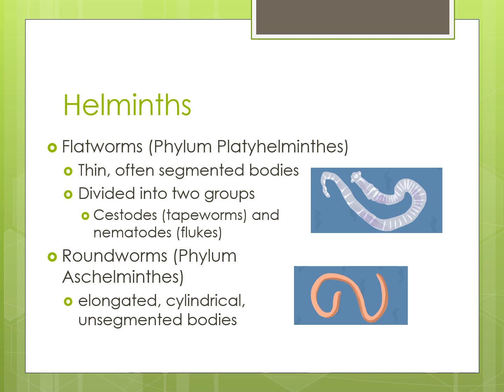What classifies them is that they are thin and often have segmented bodies, as you can see in that little illustration where he has all those lines dividing him up. Those segments can pop off and create problems, more worms, things like that. Not a good time.